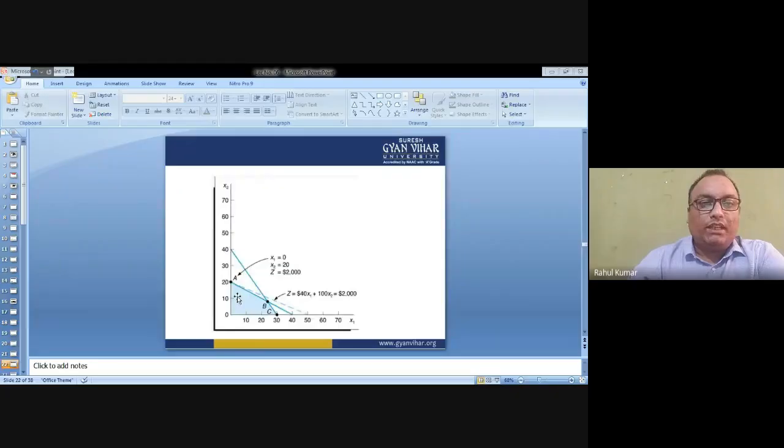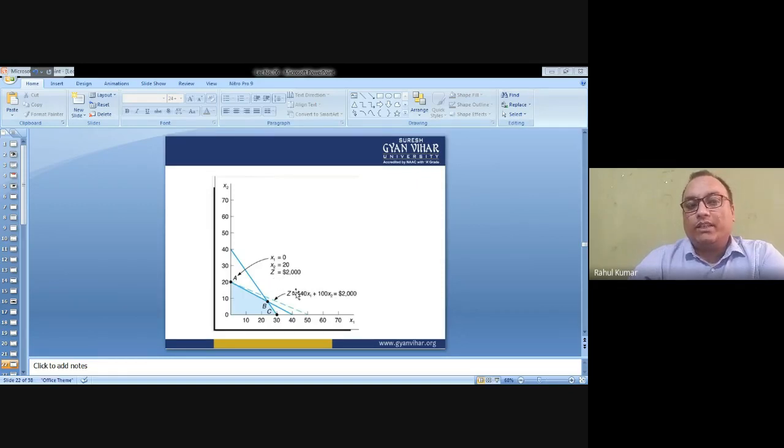These values give Z equal to 1360 for this point. Then we move to the next step and put this optimal point, x1 equal to 0 and x2 equal to 20. Then the value is Z equal to 200.